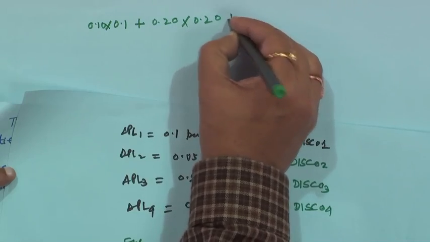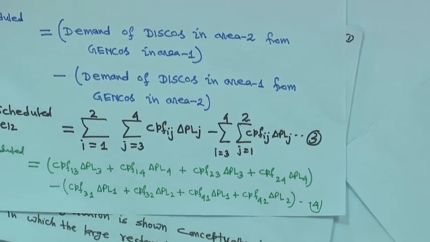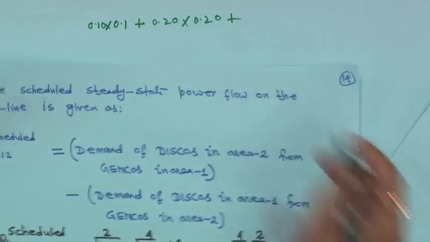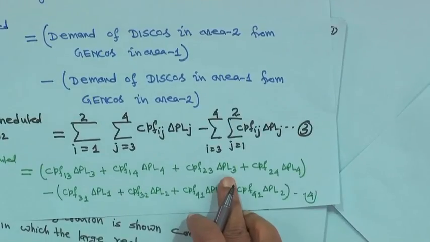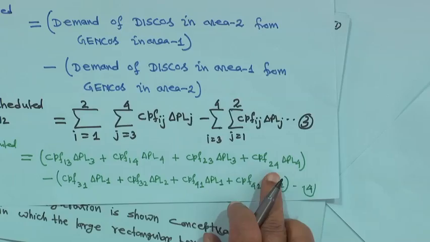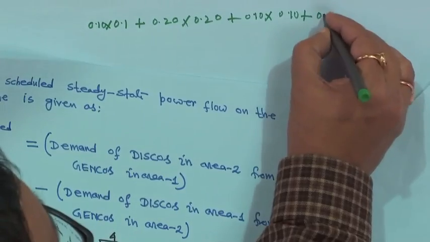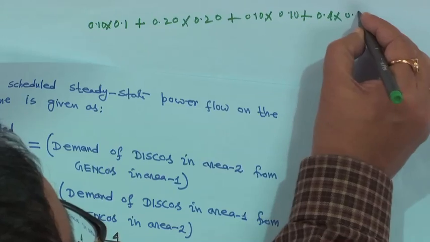Then plus CF23, which we have taken 0.10, into delta PL3 of 0.10. Then CF24, which we have taken 0.4, into PL4, which we have taken 0.20.